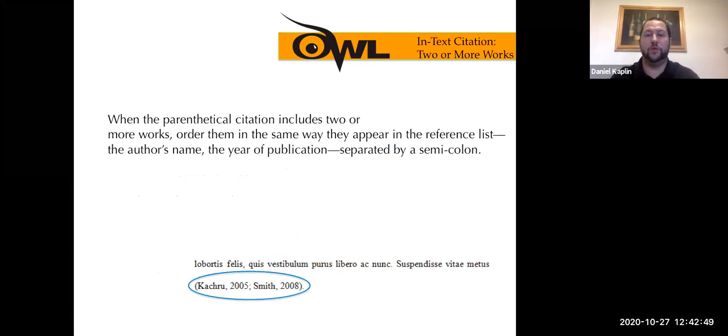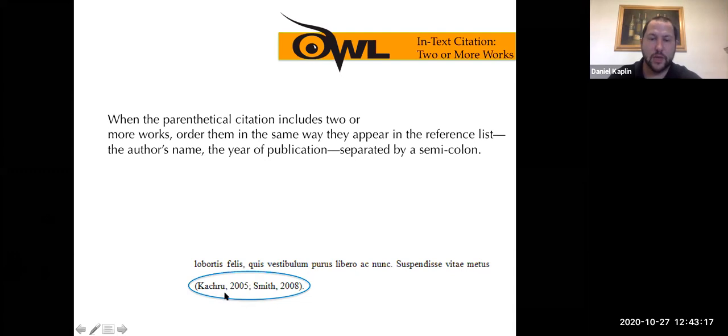Now, what do you do when the sentence that you wrote or the paraphrase statement that you wrote is benefiting from more than one journal article? Well, the way to do that is to do a parenthetical citation and divide the articles by a semicolon.